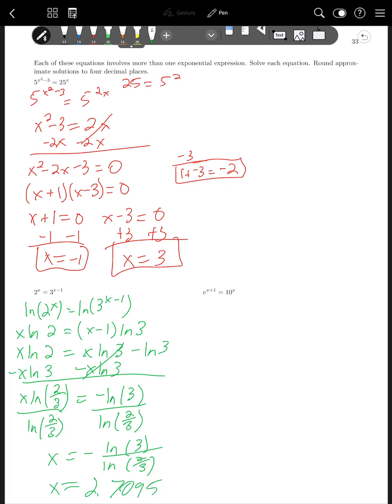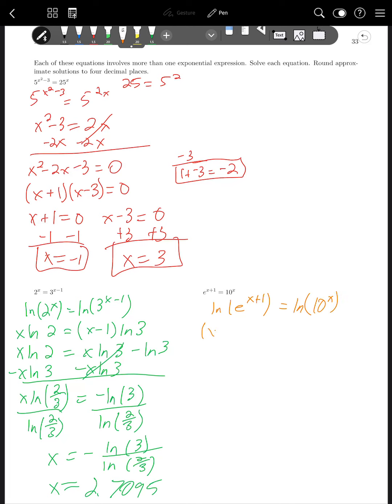And one thing to notice here that I don't think I mentioned on the last page, but you may have noticed, is I'm using the natural log here. I like to use the natural log because it's less letters and because it doesn't look like any other logarithm you could put in your calculator, but this would work with any log. Any log you choose would work. So same idea over here. So we take the natural log of e to the x plus 1 equal to the natural log of 10 to the x.